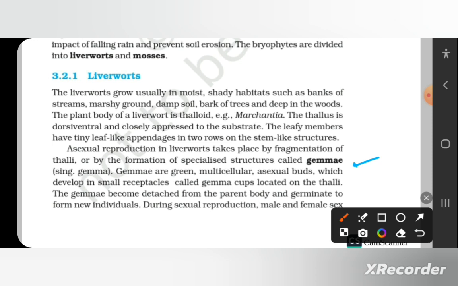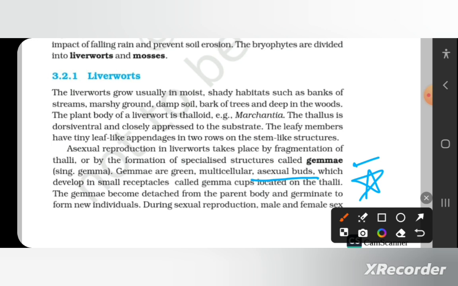So basically it is a type of asexual budding, and this description is very important. I'm again emphasizing this point that gemmae are green multicellular asexual buds which develop in small receptacles called gemma cups, which are located on the thalli.